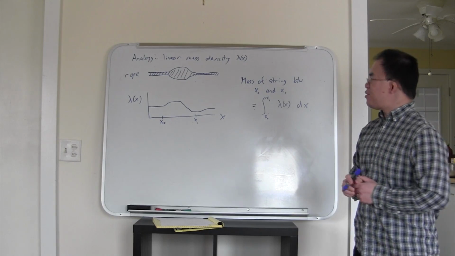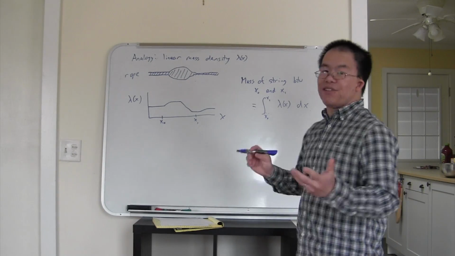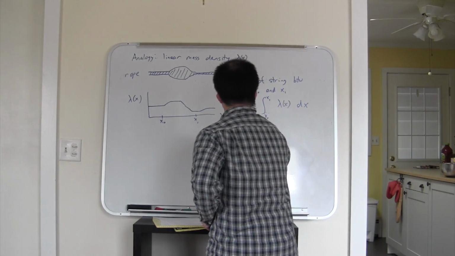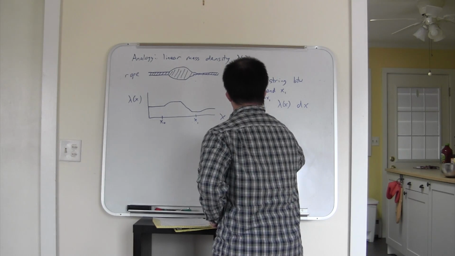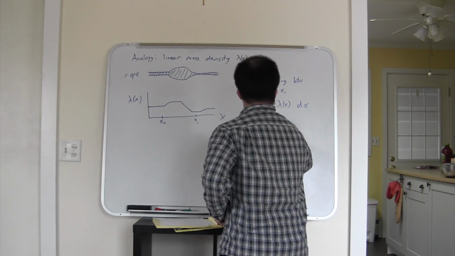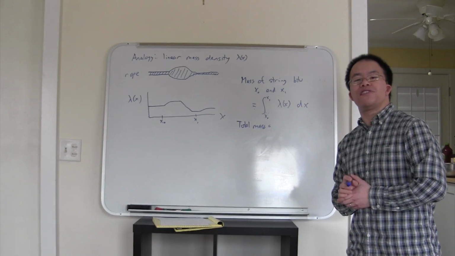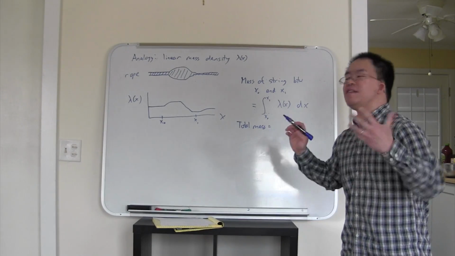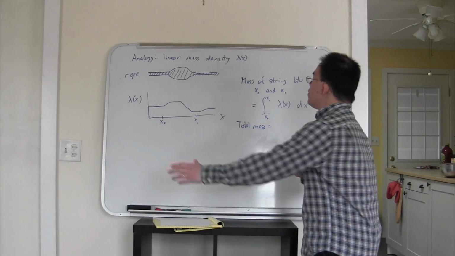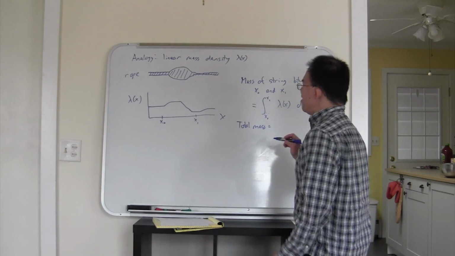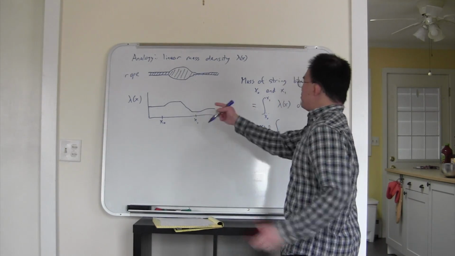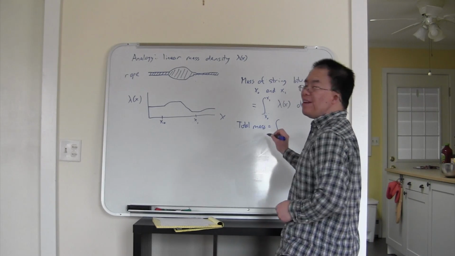Moreover, the total mass of the rope would be given by the integral of this linear mass density over the entire rope.